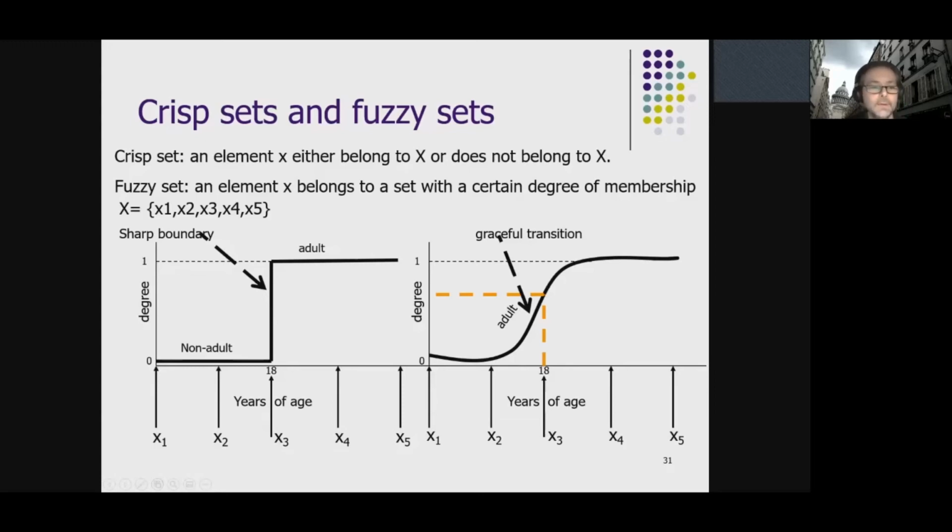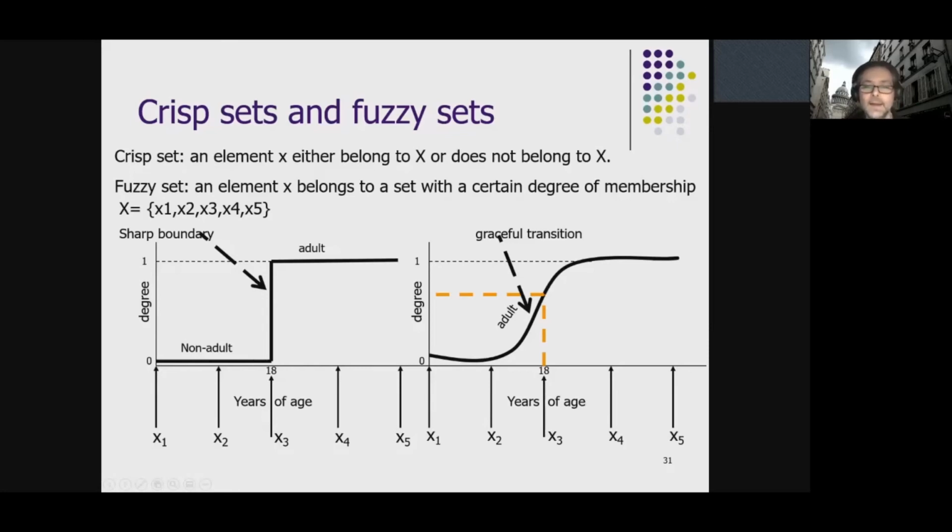And I can try to represent that graphically. You have this sharp boundary which says that if you are below 18, if you are 17.99, then you are a non-adult. You belong to the set of non-adults. If you are 18, you are an adult.